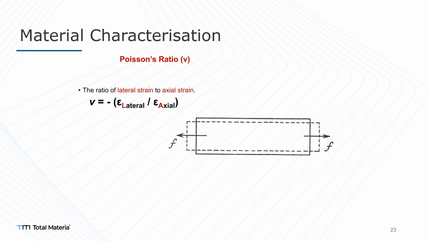Most of the time we are using the positive values, but for other materials like metamaterials, sometimes you can see auxetic behavior. It means that when you stretch the material, you will see an expansion in the orthogonal direction. These kinds of metamaterials are used in crashworthiness applications as well.